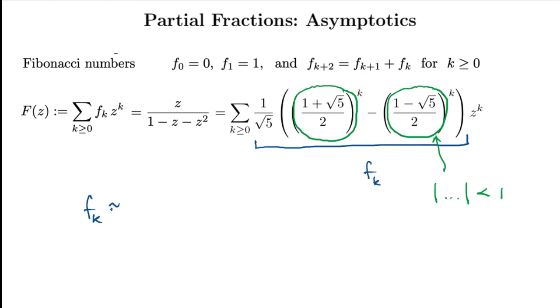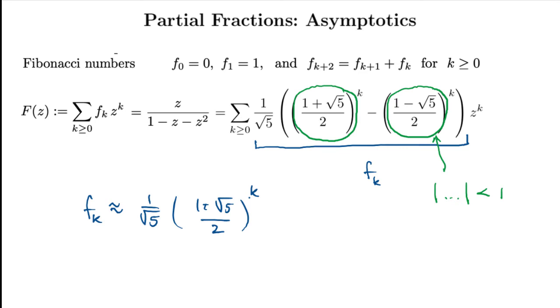So the kth Fibonacci number is roughly 1 over root 5 times the golden ratio to the kth power. And this approximation is very, very good.